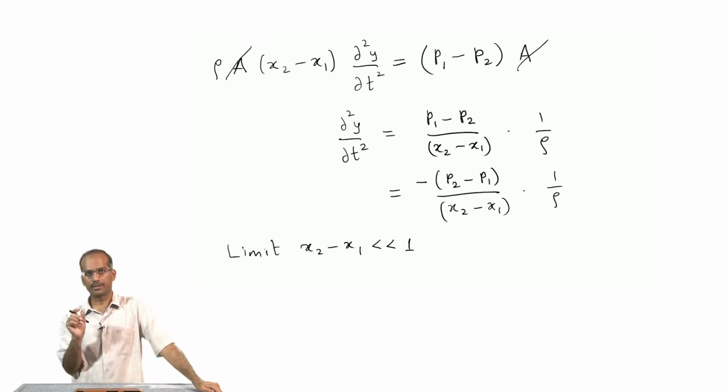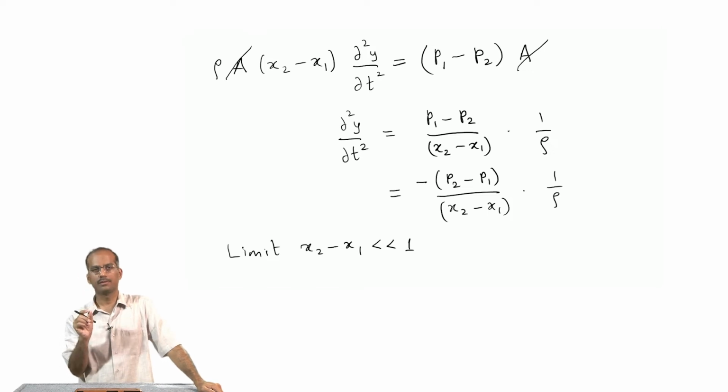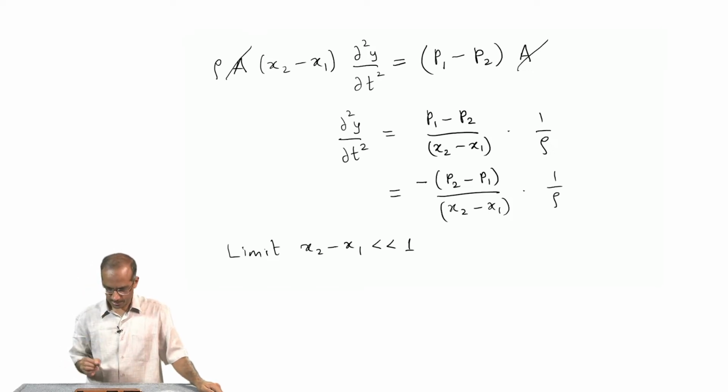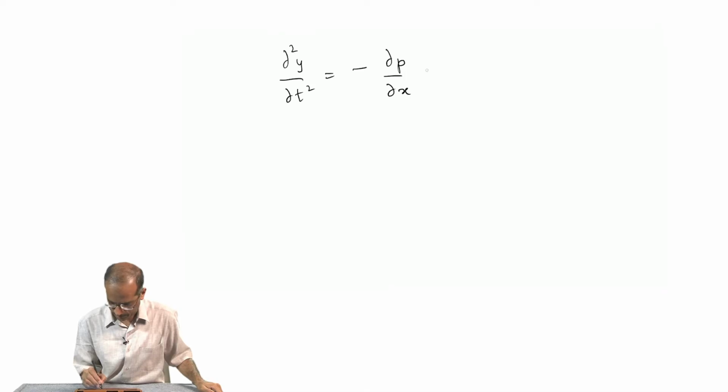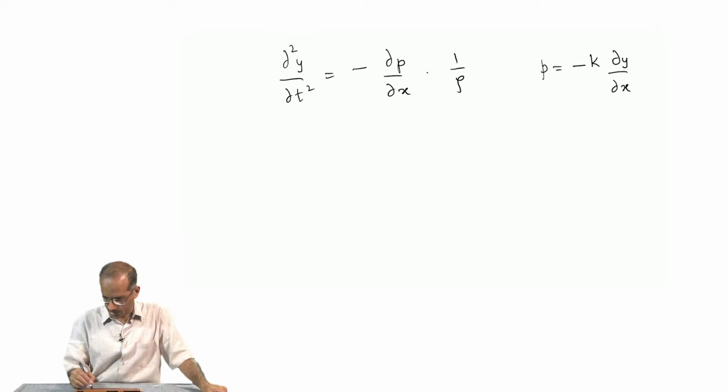So, when you assume that the length of your parcel is infinitesimally small, this entire equation can be rewritten as ∂²y/∂t² equal to minus ∂P/∂x multiplied by 1 by rho.